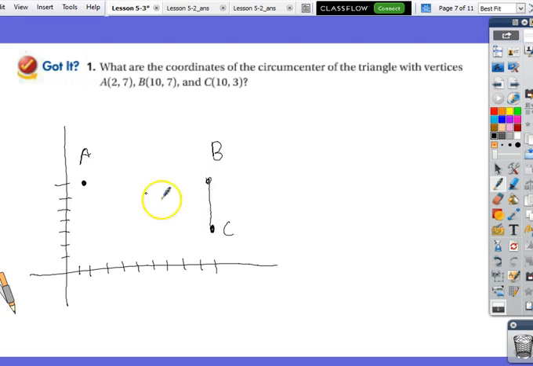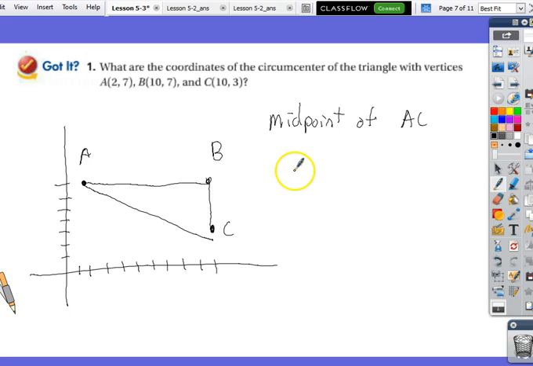So I think it's pretty obvious that the hypotenuse is which line segment? AC. So I want to find the midpoint of AC, because the midpoint of AC is going to be my circumcenter, because it's the hypotenuse of the right triangle.